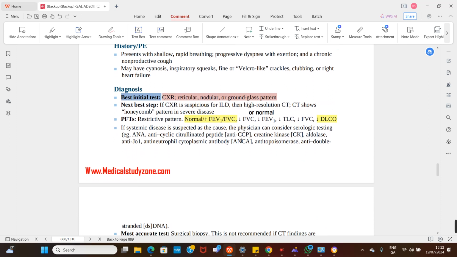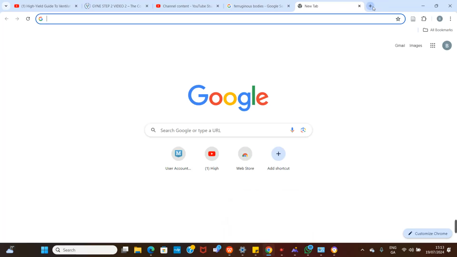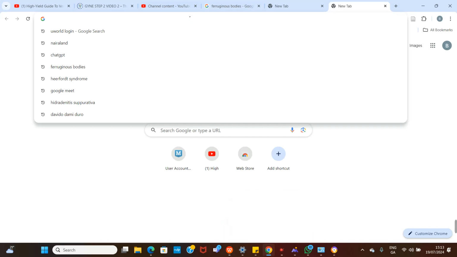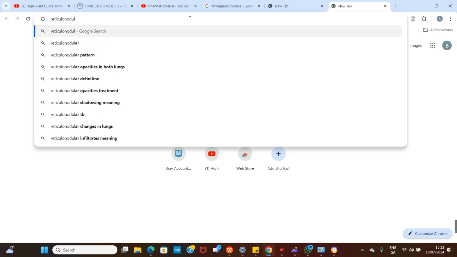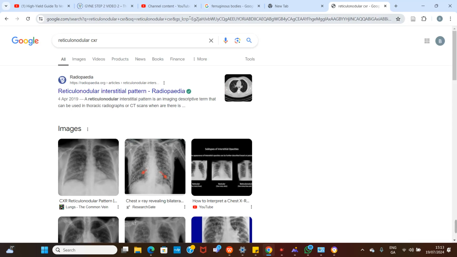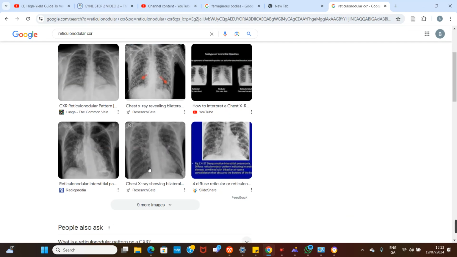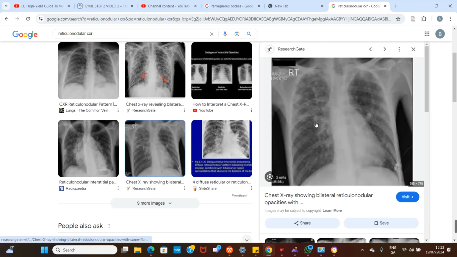I don't know why I did not get an image for this reticulonodular pattern on X-ray, because we need to know the way it looks. It just has this hazy opacity. This is exactly what you are going to see. It looks hazy, like you are sprinkling something.